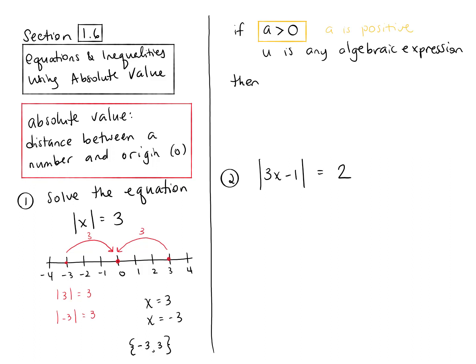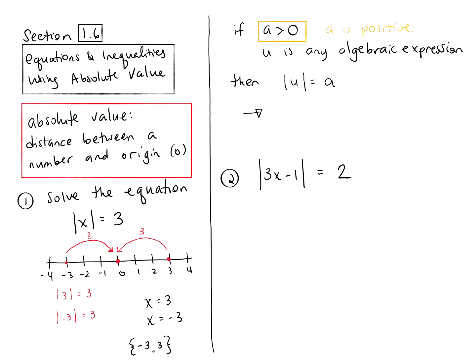And we have the statement, if U is any algebraic expression, then we have two things to know. We have the absolute value of U is A, meaning that we have two equations to come from it.